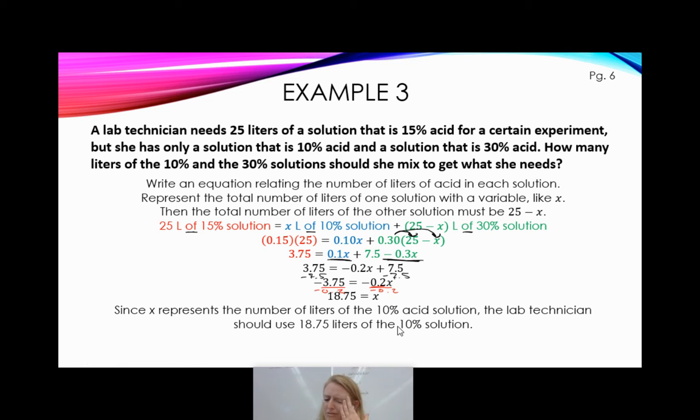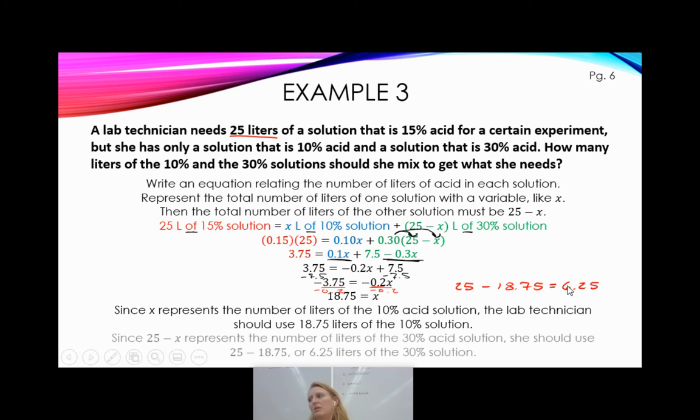But remember how we got the 30% solution? Remember how the total should be 25 liters? So just off to the side, you can do a quick little 25 minus 18.75. Thank you, Mr. Calculator. If I subtract that out, I get 6.25. Oh, so that's how much I need for my 30% solution.